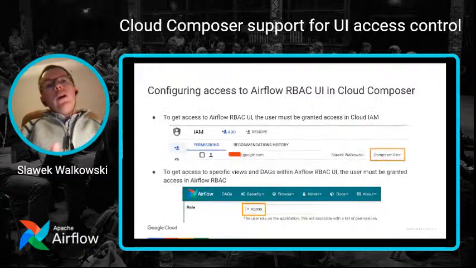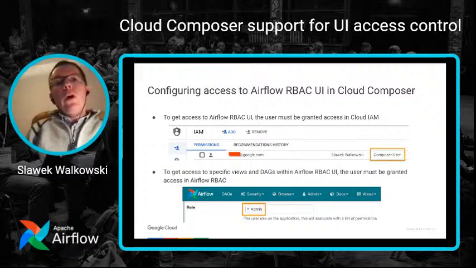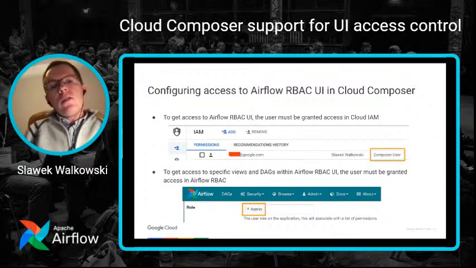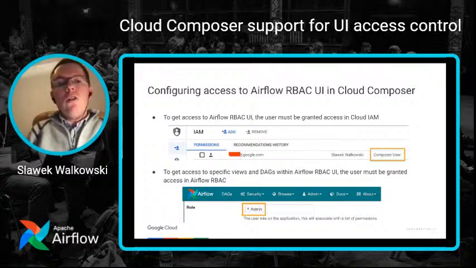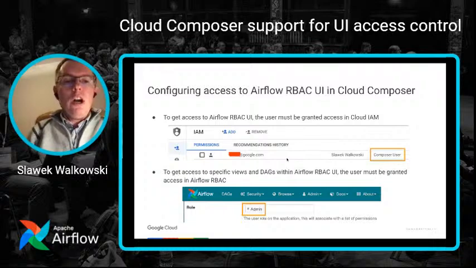So now, when Airflow RBAC is enabled, you configure access essentially in two places. Just like before, to let the user open the web interface at all, you specify the user in the Cloud IAM settings of your project, and you grant the permission there.